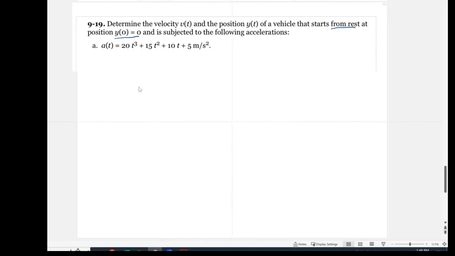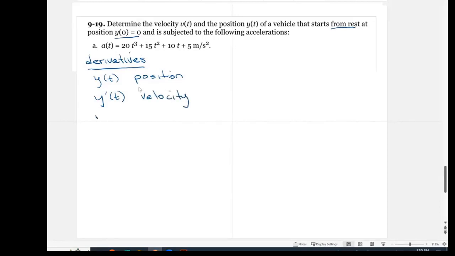If you remember, when I take derivatives, I know that if I call y of t my position, usually they call it s of t, but here it's called y of t, then the derivative of y of t is the velocity.